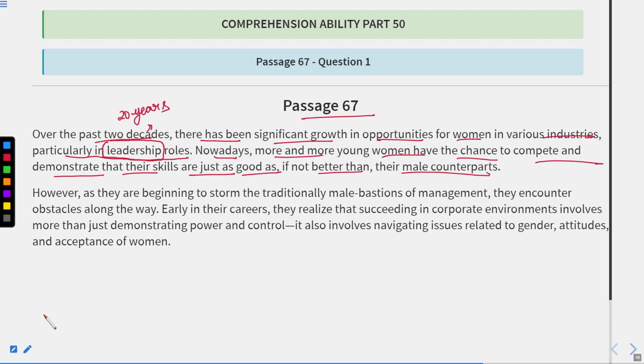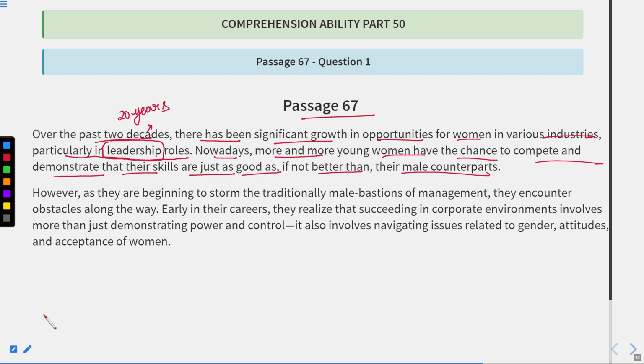Nowadays many women have leadership roles, or growing opportunities in the management part. So they are doing very well in their fields, if not better than their male counterparts. Yet some people still believe that they are not better than their male counterparts.